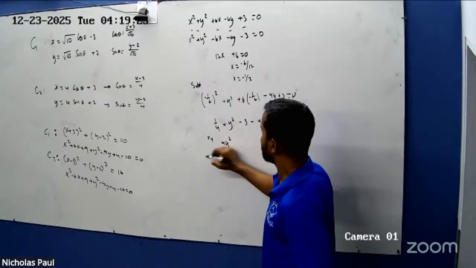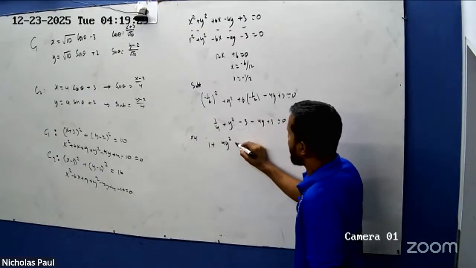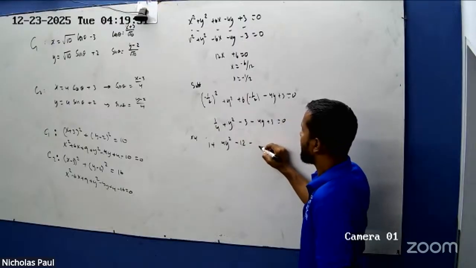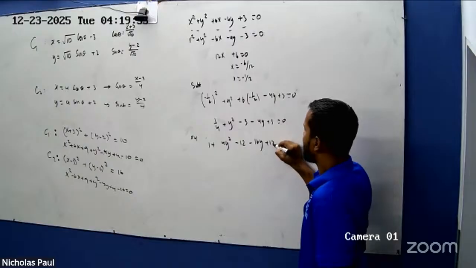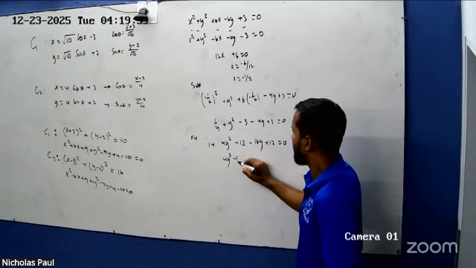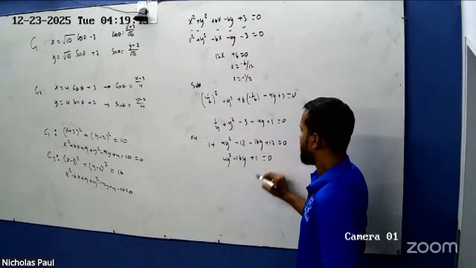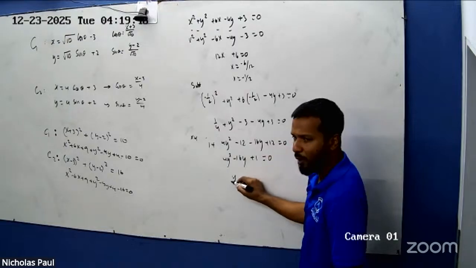So we'll get 1 plus 4y squared minus 12 minus 16y plus 12 is 0. Plus 1. What did we get here for y?